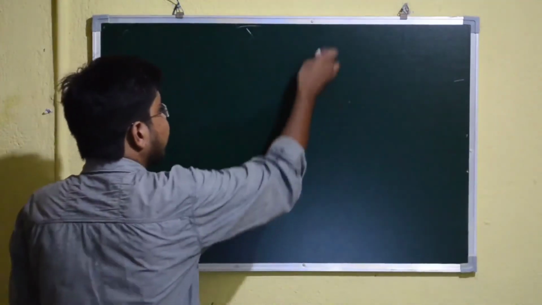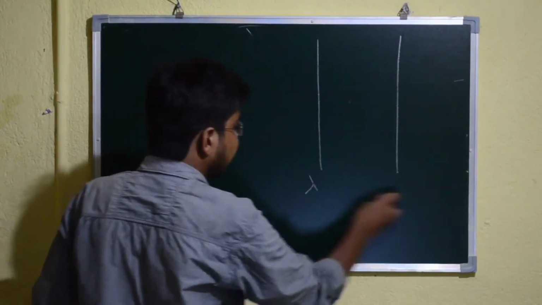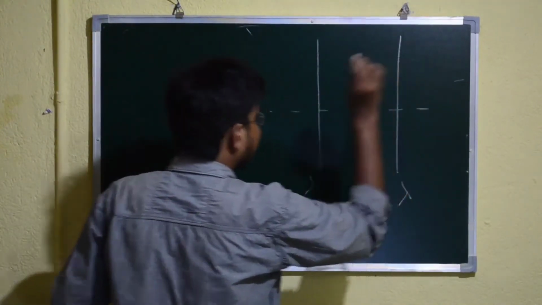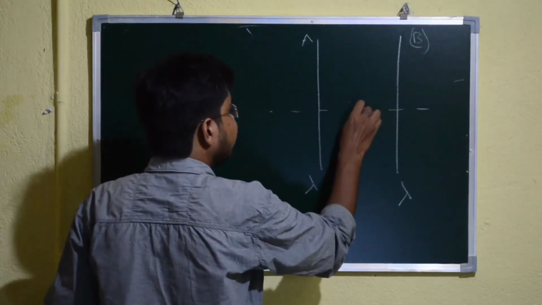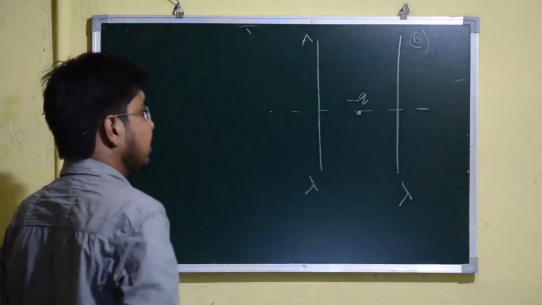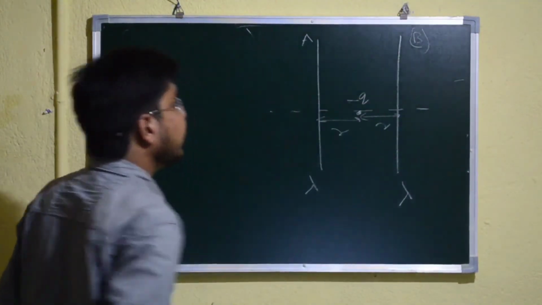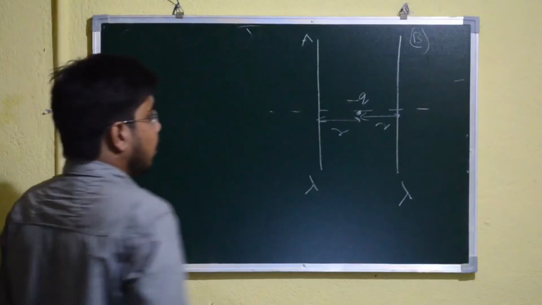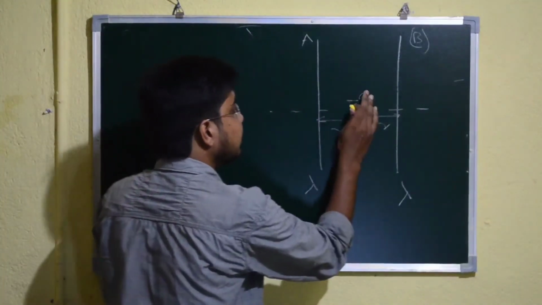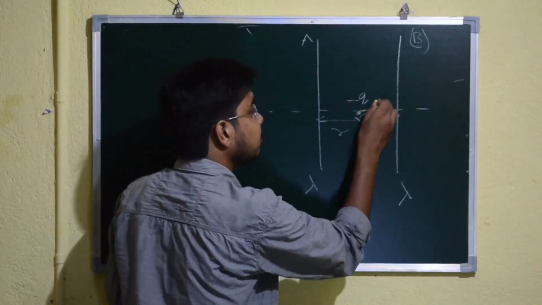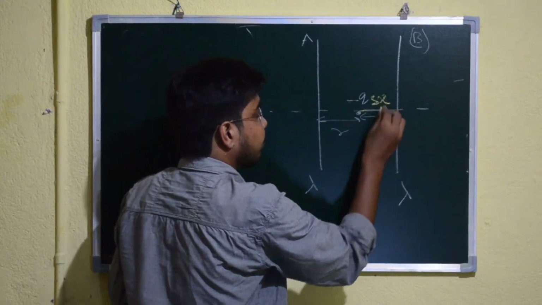Now in the second situation, the conditions are the same, lambda and lambda, say A and B, and the minus q charge is placed here, at distance r from both infinitely long conducting wires. Suppose I displace this minus q charge by delta x in the positive x direction.